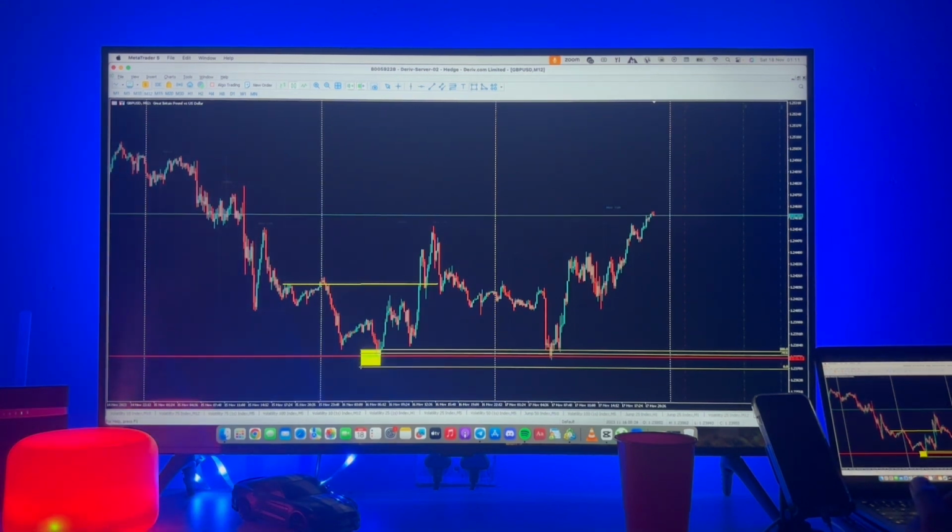And we can also use the rectangle tool, although it's not that important as well. And we want price to come down to these levels, right? As you can see here, let me remove the yellow rectangle tool because now it's gonna make a mess here.